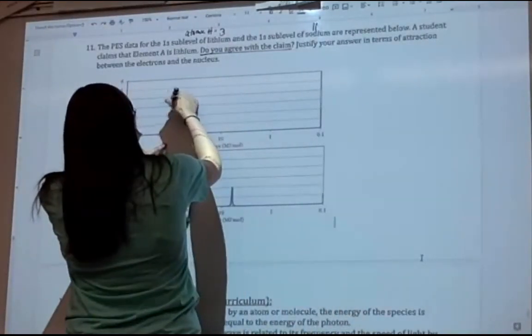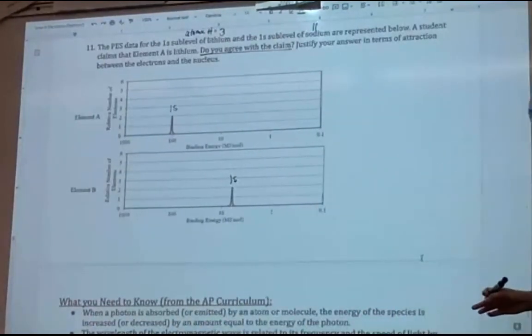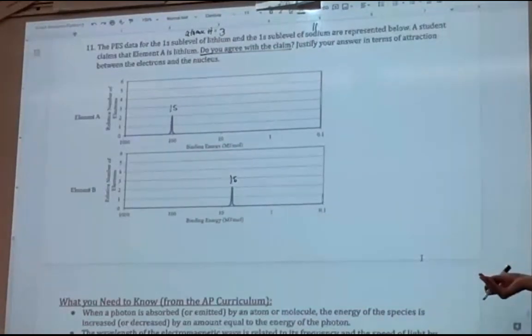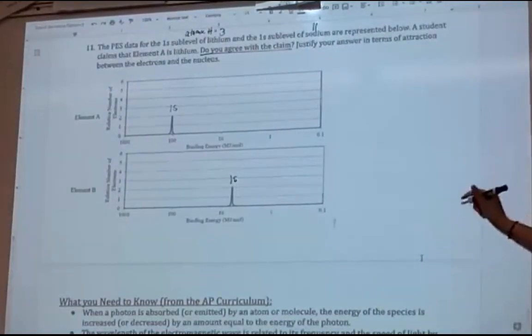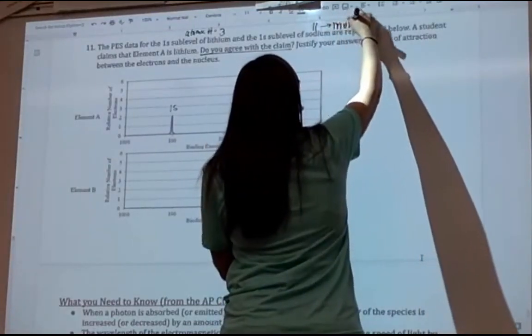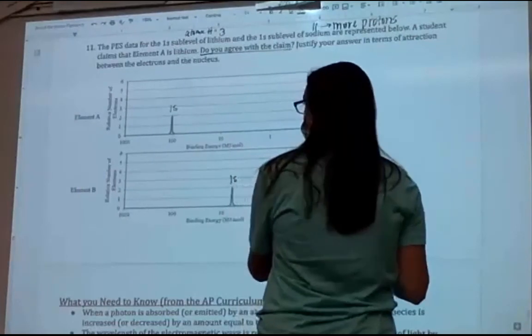So they think that element A is lithium. It tells us that these are the 1s electrons for both. Remember, the more protons in the nucleus, the stronger the attraction to the 1s electrons. Which of the atoms has more protons in the nucleus? Sodium. Sodium has more protons, so it's going to have a stronger attraction.